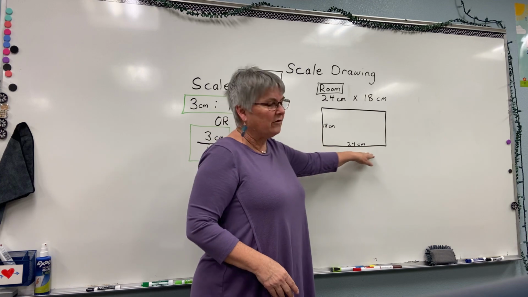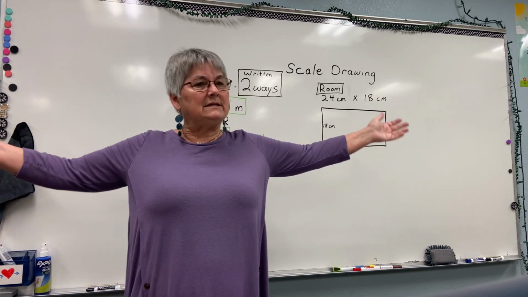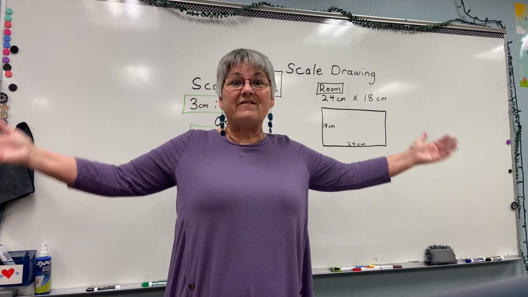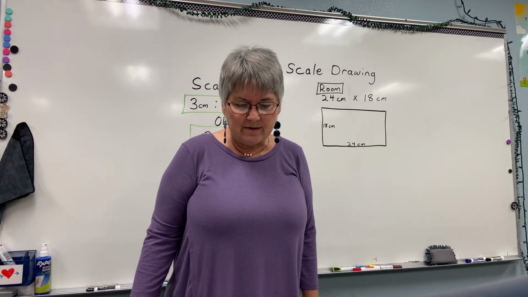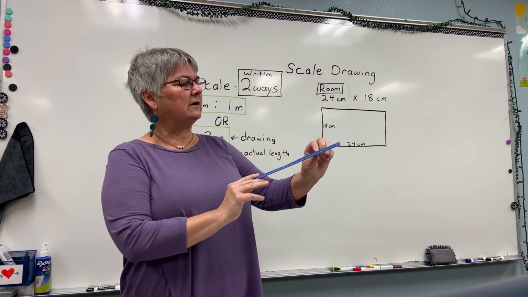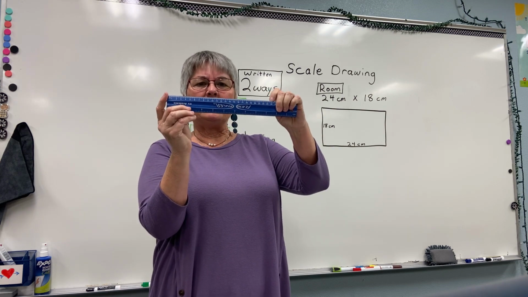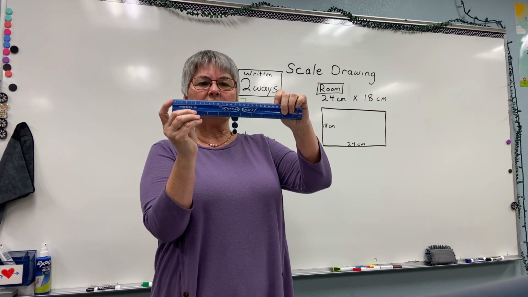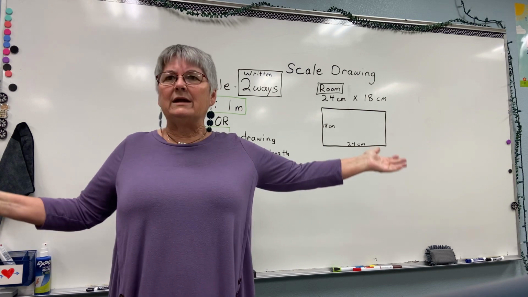So this is 24 centimeters, but it might represent, I don't know, 24 feet in real life. You know, centimeters are sort of small. Actually, here I have my ruler. From here to here is 24 centimeters, but that's going to represent like a real room.